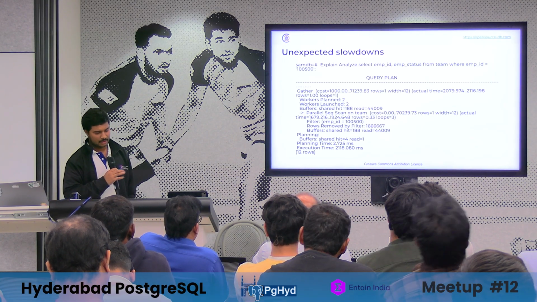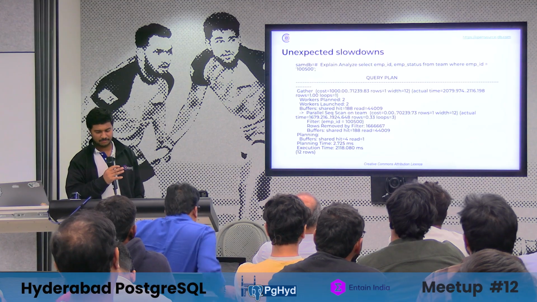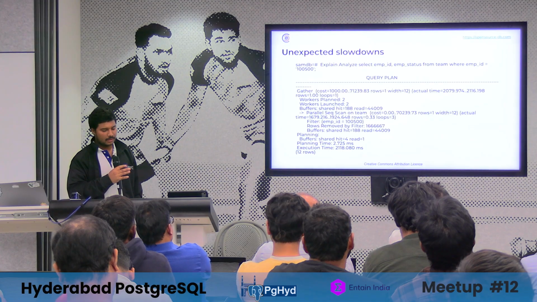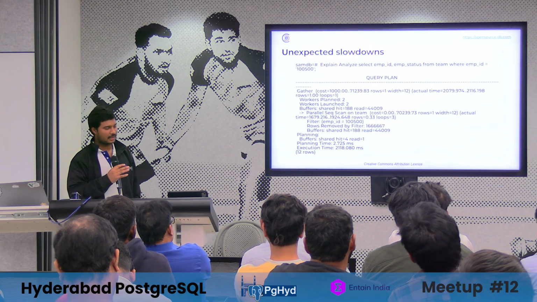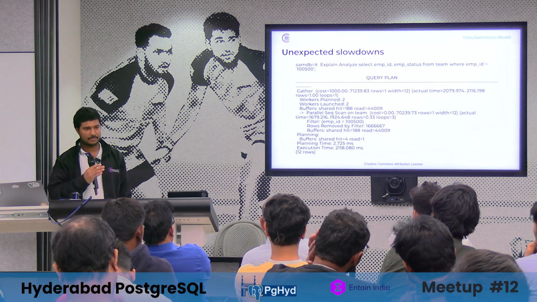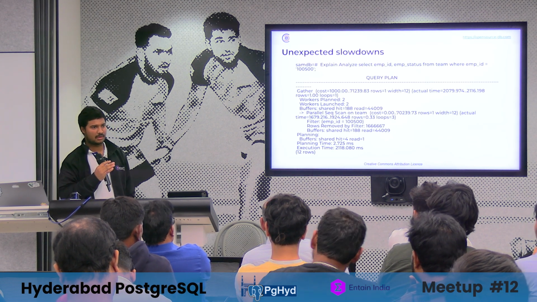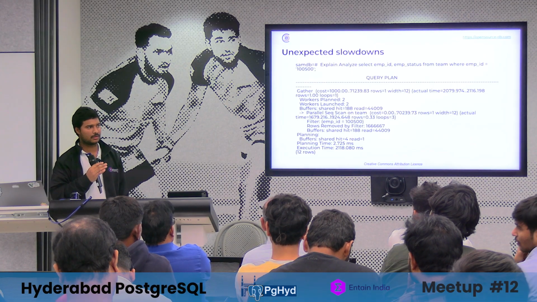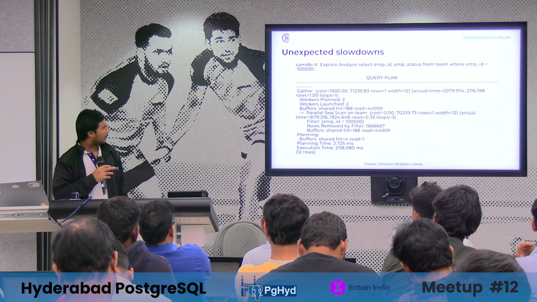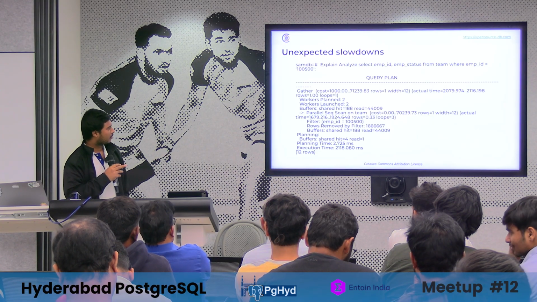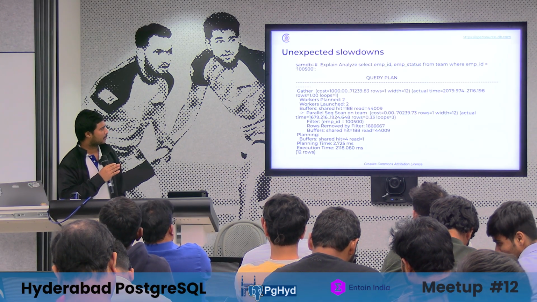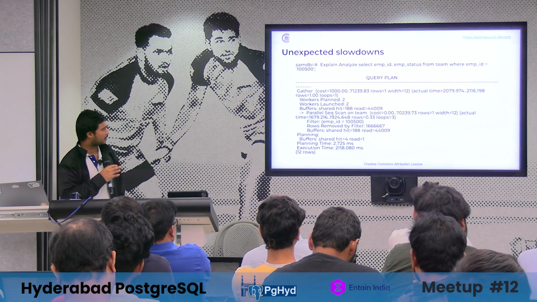Here I have taken some columns with where employee ID equals 1,500 rows. It was using a Gather node. Gather means it will use multiple parallel worker processes and gather the information. Coming to the parallel sequential scan on the table, it showed the estimation and the actual time, how much time it was taking.